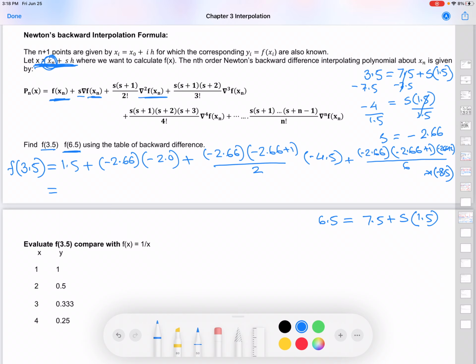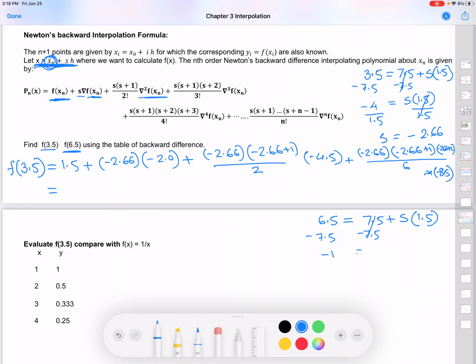For Lagrange interpolation and Newton's divided difference, we don't have that restriction that points need to be at equal distance. Right now we are trying to solve for s: subtract 7.5 from both sides, which gives us negative 1.